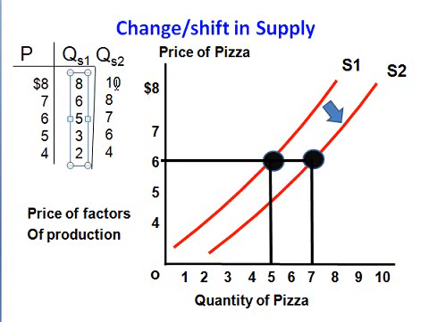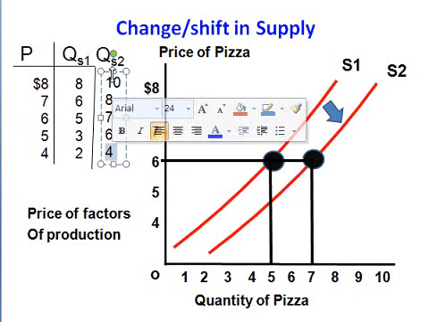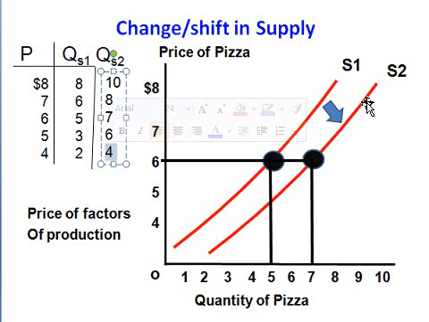As a result, the supplier will now produce 10 pizzas. At the same time, suppose the price of pizza is $4, the supplier supplied 2, but the price of the oven dropped, so the supplier can produce 4, meaning that this whole thing is S2.